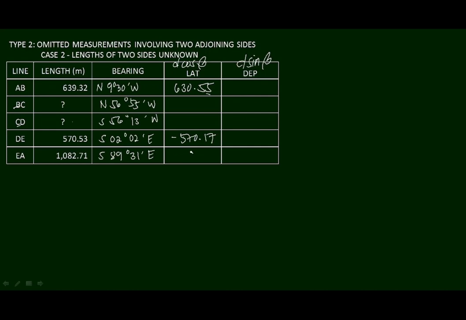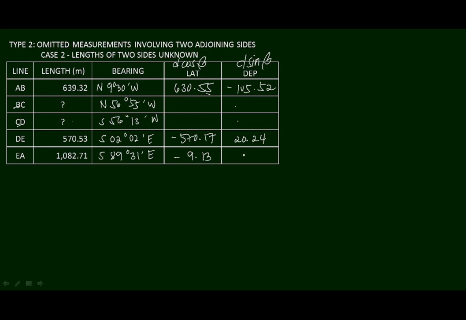And this is 9.13 negative. For the departure of line AB since west, so negative 105.52. Kay DE naman, that is east, so positive 20.24.